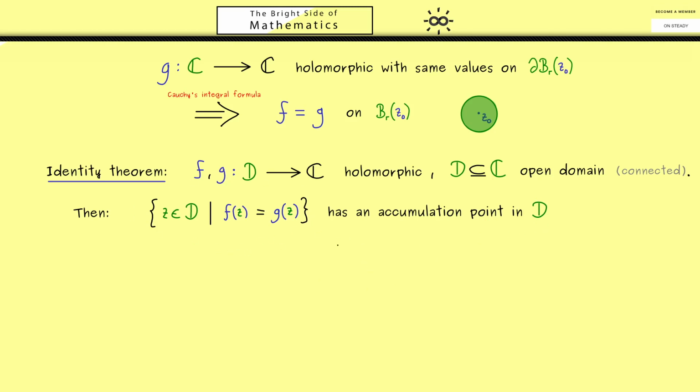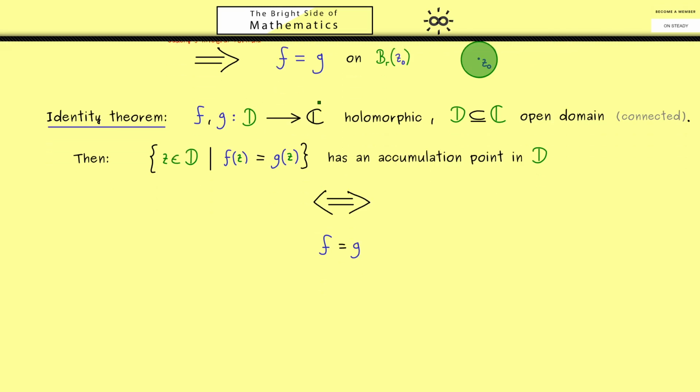Okay, and now the surprising fact is that this is actually equivalent to f is equal to g. So in other words, one accumulation point is enough that this set is already equal to D. In other words, this small set already determines the whole holomorphic function. So you see, this is a generalization of the fact from above.